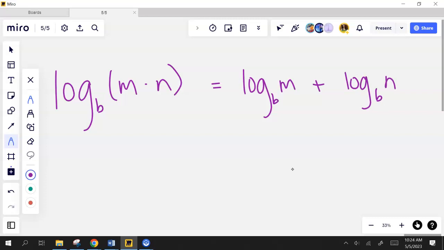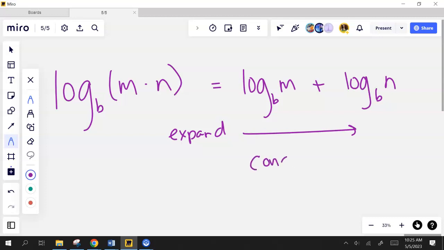If I split it up and make it bigger, this is called expanding. So if I start on the left and I end up on the right, that's expanding. So if it says expand the following logarithm, that's what we're doing. However, it could be that I started with the one on the right, I recognize that they both have the same base and I'm adding, and I end up at the one on the left.